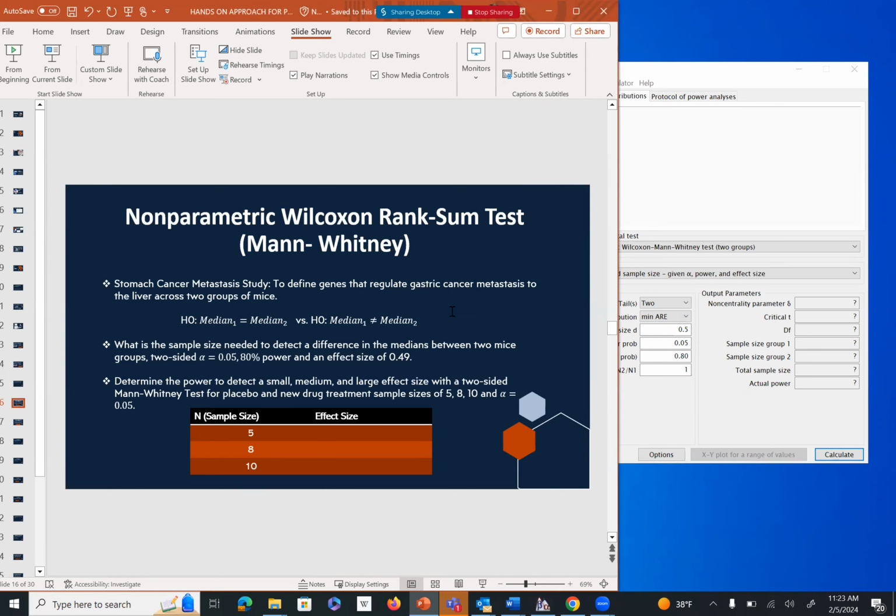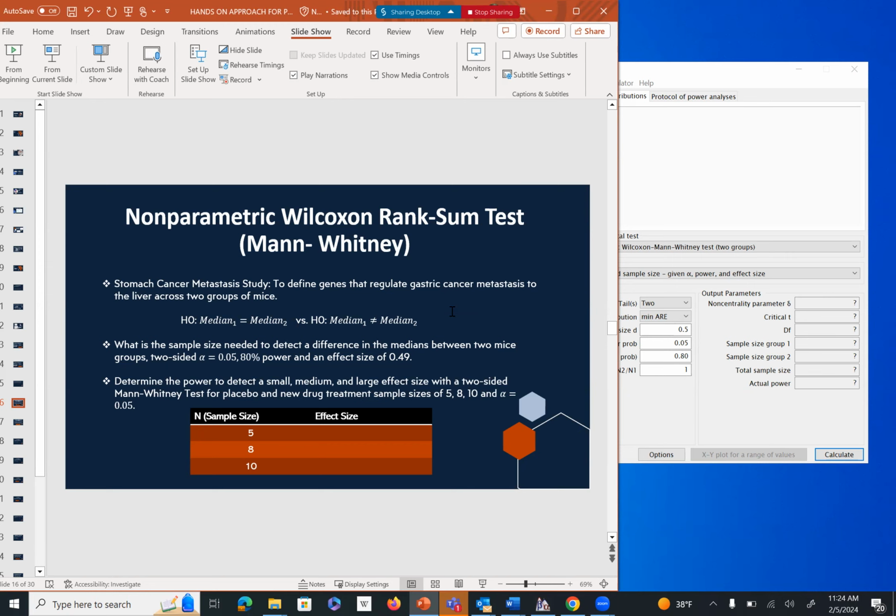So whether there's a difference in group 1 median of mice in comparison to the group 2 median in mice. So our null hypothesis is that there will be no difference. The median of group 1 and median of group 2 mice are equal.